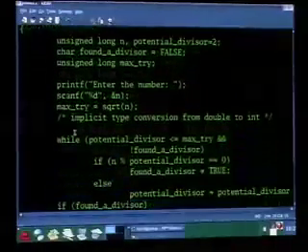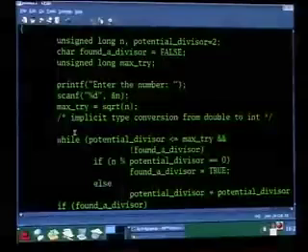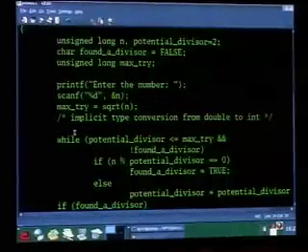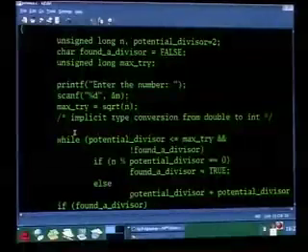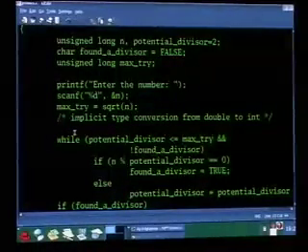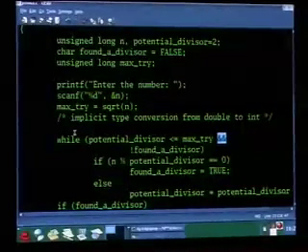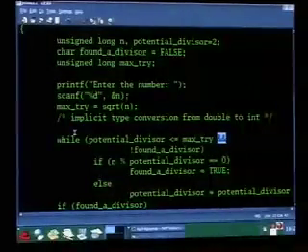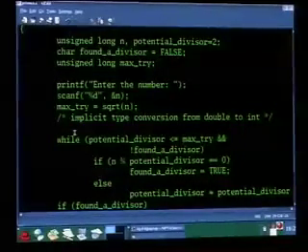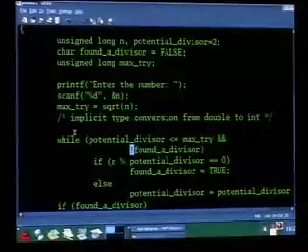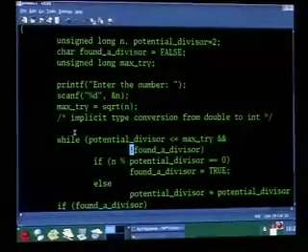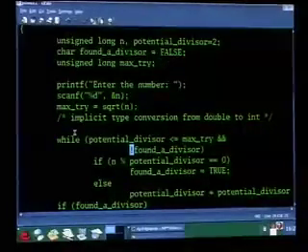So here is the main loop, pretty much what we saw in the algorithm. The condition for the while loop is: while potential divisor is less than or equal to max try, and this pair of ampersands denotes the AND Boolean operation in C, and the exclamation mark denotes the negation, or the NOT Boolean operation in C. So the loop condition is: while potential divisor is less than or equal to max try and we have not so far found a divisor.